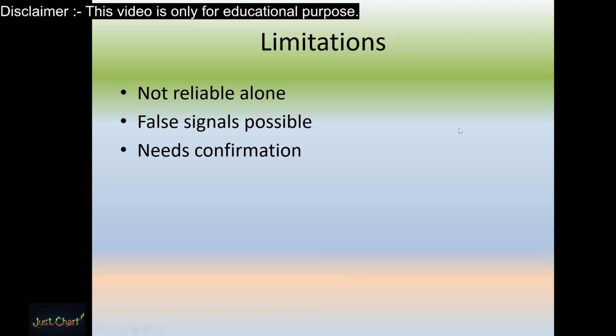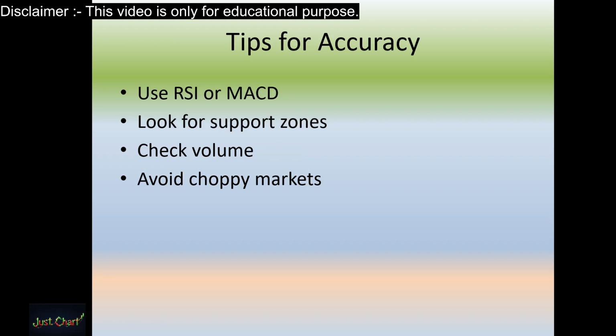Same thing as mentioned earlier, it's not reliable alone. We have to see some other indicator also. A false signal is possible. So unless and until you have the confirmation, it's not good to enter into the position. Same thing, you can use the RSI or MACD. Look for support zones as mentioned earlier.